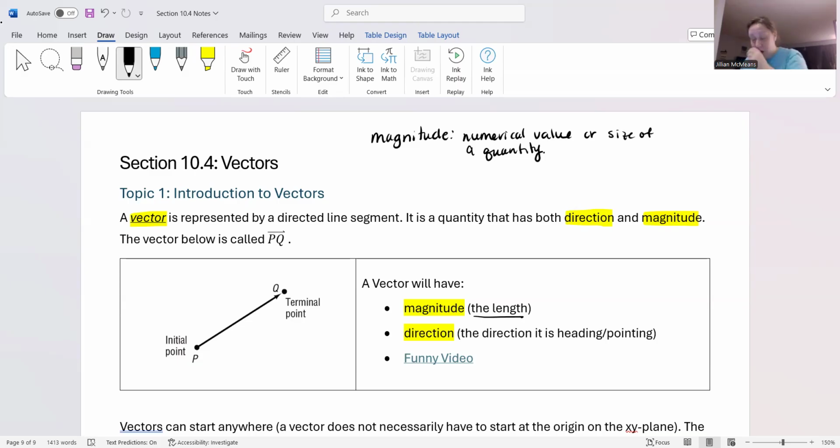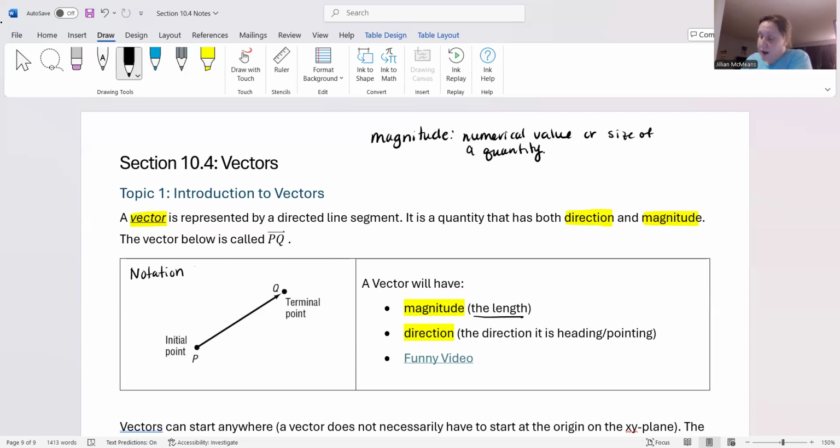In this image below, we have the vector PQ. You do need to understand the notation. Usually you name a vector by a letter of the alphabet, or in some cases like this, you have two points: the initial point, where the vector starts, and the terminal point, where the vector ends.